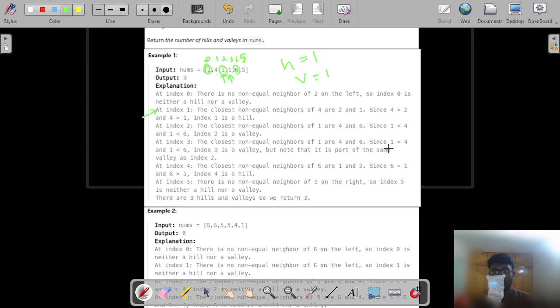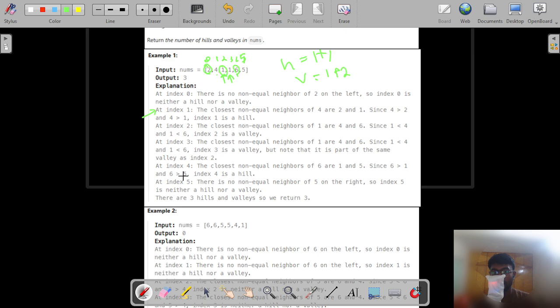So since 1 is less than 4 and 1 is less than 6, index 3 is a valley. So both index 2 and index 3 are valleys. At index 4 we have 6, where the closest non-equal neighbors are 1 and 5. Since 6 is greater than 1 and 6 is greater than 5, index 4 is a hill. So we have two hills.